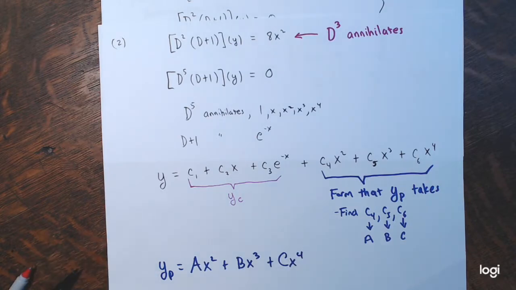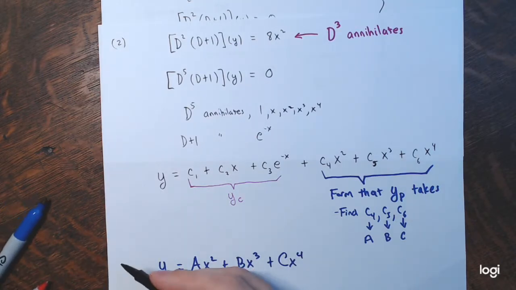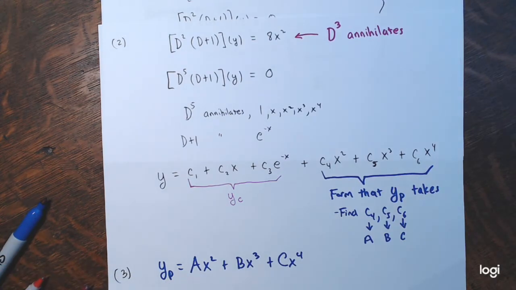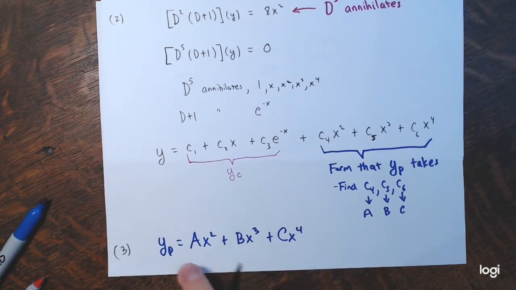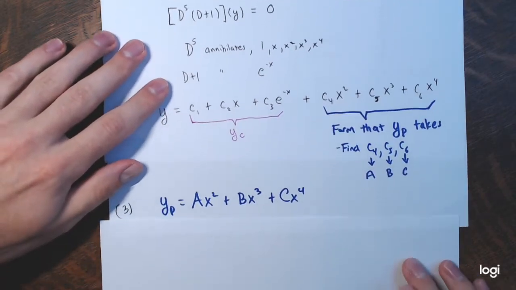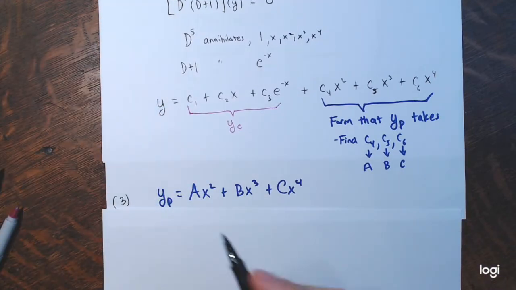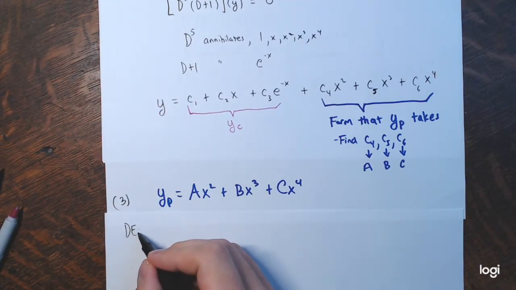And this brings us to part 3, finding this particular solution. What are the values of A, B, and C that give me a specific solution to this differential equation?